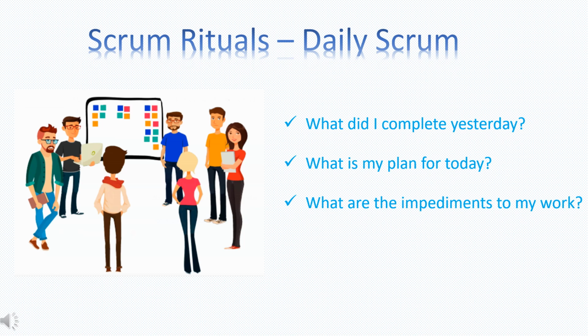The daily scrum should ideally take place at the same time and place every day, and this is usually at the beginning of the workday. The development team is responsible for conducting it, and Scrum Master and Product Owner are both optional for this meeting.